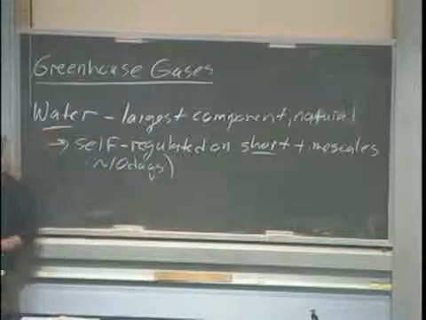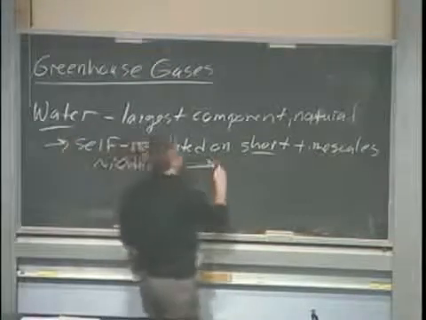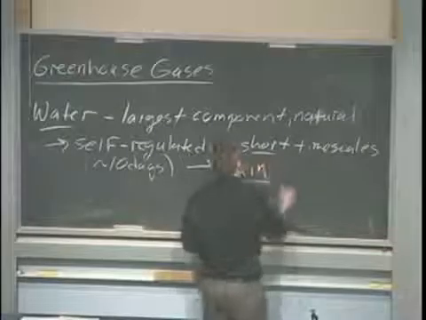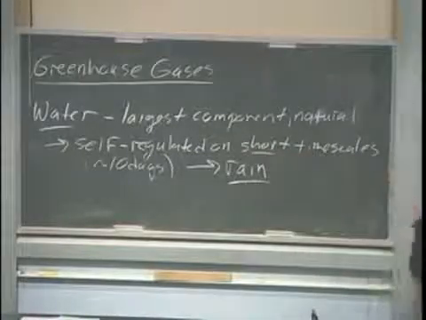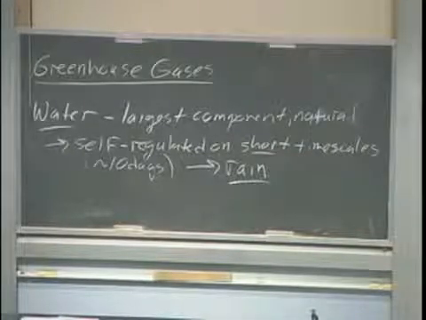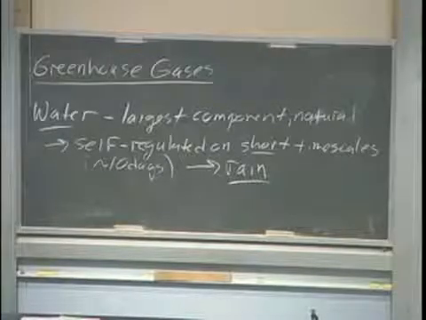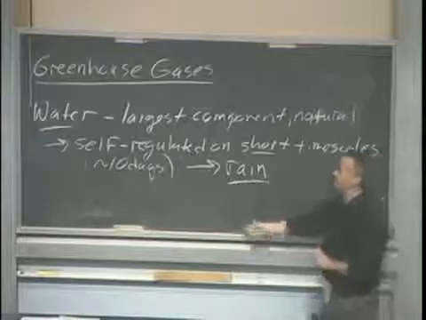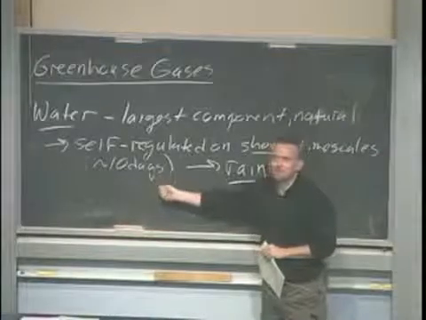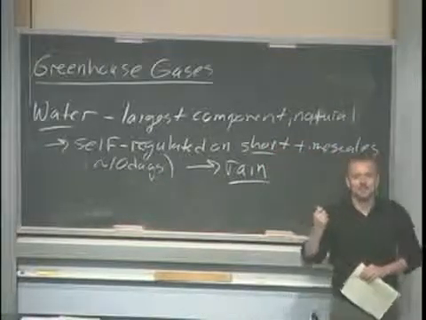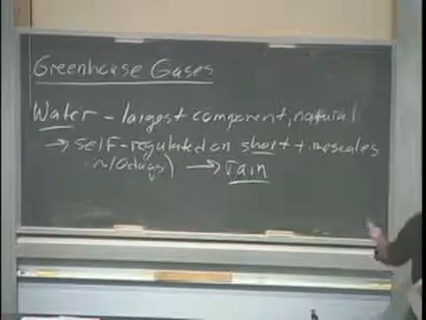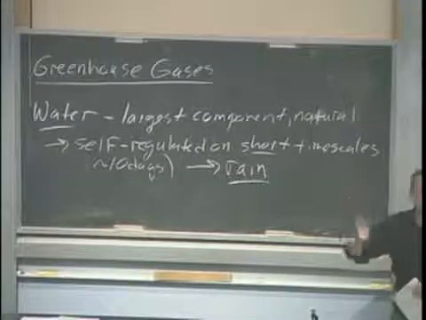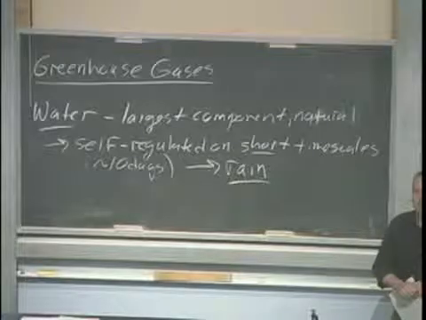And by self-regulated, we're talking about rain. If we get too much water vapor in the atmosphere, well, Mother Nature knows how to deal with that. It rains, right? And it rains on a very short time scale. So we could have a major catastrophe, some underwater volcano goes off and pumps a huge amount of water vapor into the atmosphere.